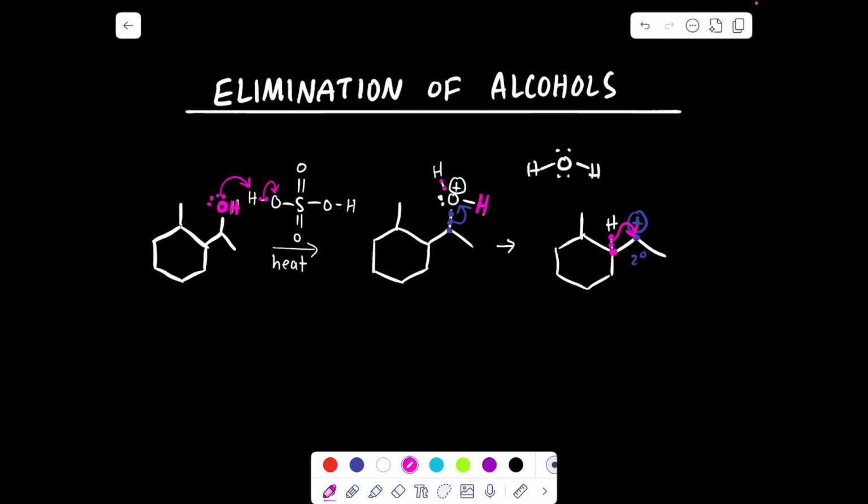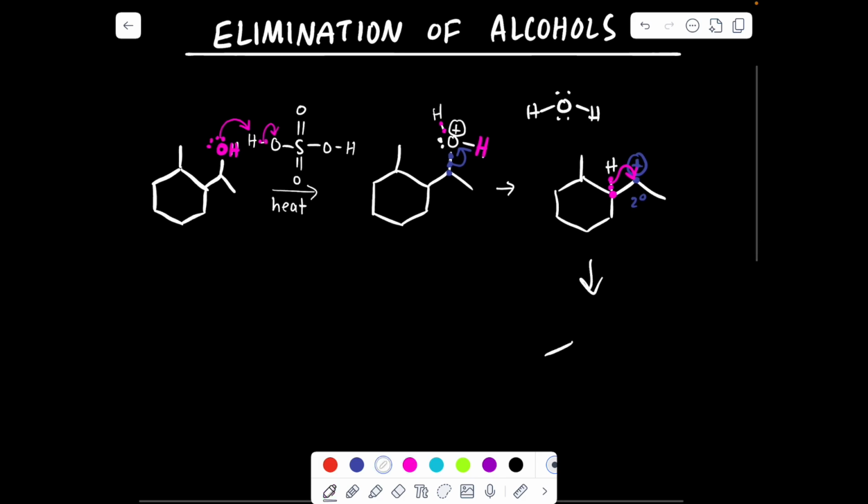And the hydrogen is going to jump from the pink carbon to the blue carbon. Therefore, the pink carbon is going to now become cationic. But we see that that is way better than the blue carbon being cationic because it is 3°. So now we have a 3° carbocation.